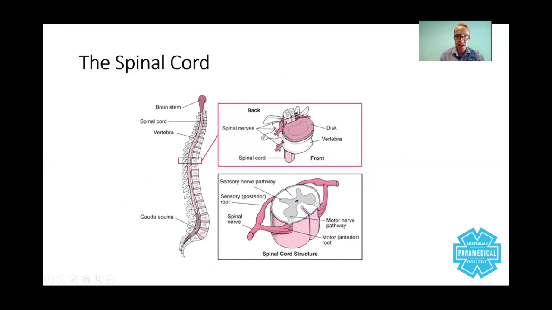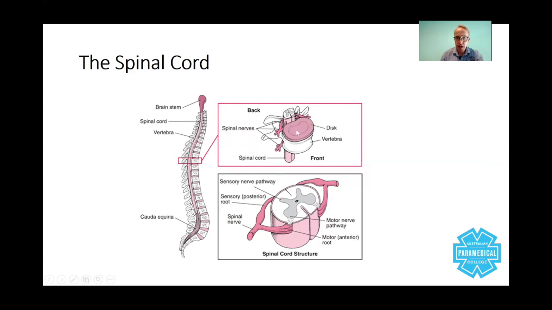So they would be facing forwards. So this part here is the back. This is the front. Notice how the spinal cord and the vertebrae is S-shaped. And notice how you've got this thing here called the brain stem, which is a really important part of the brain. It really does keep you alive. It controls the respiratory and cardiac nerves.